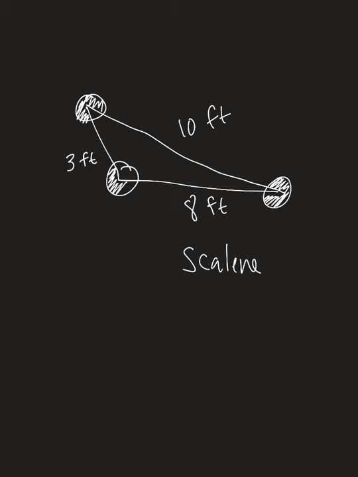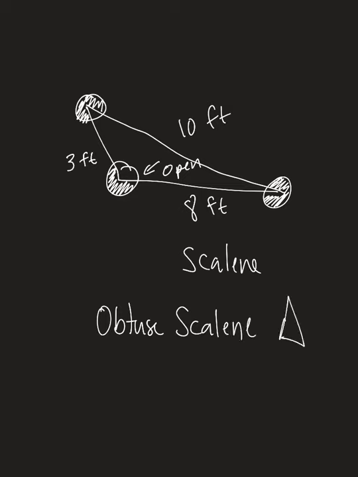And here I have an open angle. So an open angle is going to be called obtuse. So this is called an obtuse scalene triangle. Remember, when we're doing obtuse, we only need to have one angle that's obtuse. As soon as we identify that one angle being obtuse, we know that is an obtuse triangle.